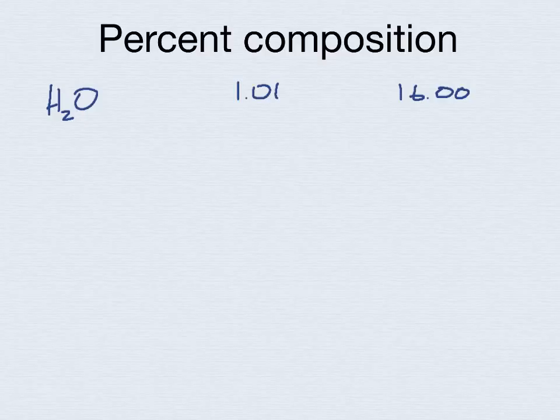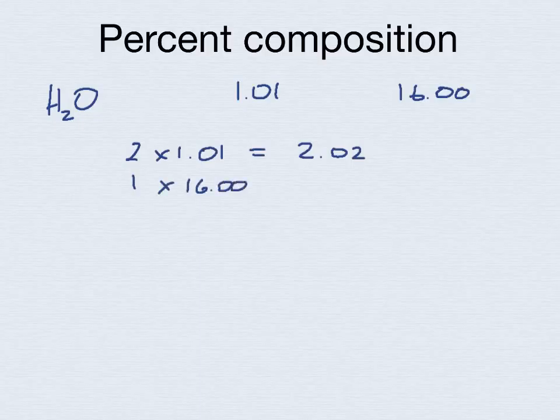But I guess you can see pretty quickly that if you have 2 hydrogens, that mass combined together is going to be 2.02, and 1 oxygen is going to be 16.